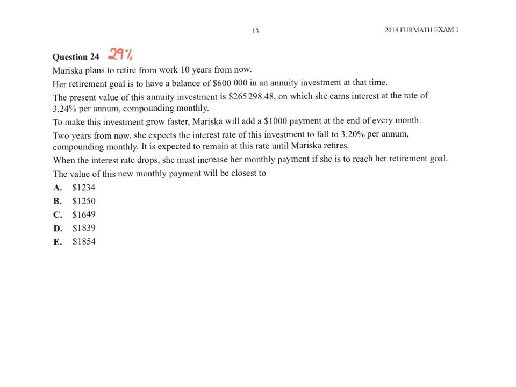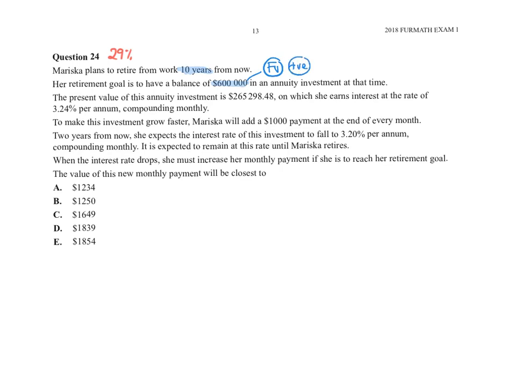Next one. Okay, Mariska plans to retire 10 years from now. Her retirement goal is to have a balance of $600,000 in an annuity at the time. So when they say a goal of $600,000, that sounds like a final value, and that would be positive because she wants her money.